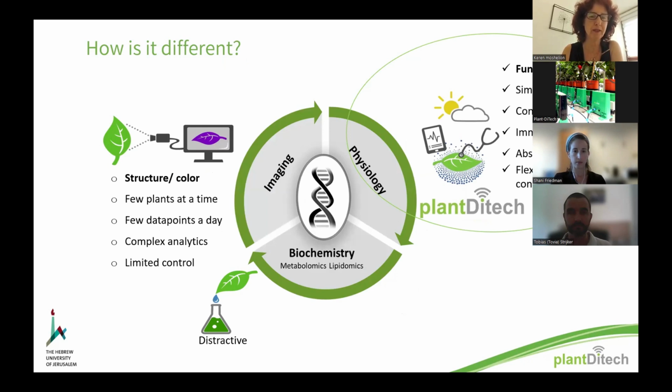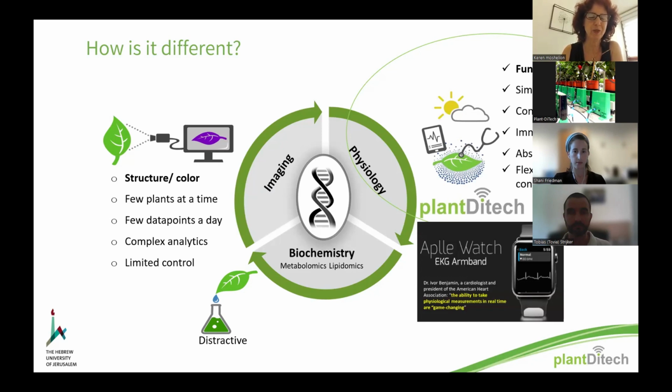It's dynamic throughout the day and simultaneous for all plants. And we can also control the conditions of the plants in many different ways. Again, similar to a smartwatch, which measures the physiological response of the body, we do it for plants. It's different from morphology, which is slower.